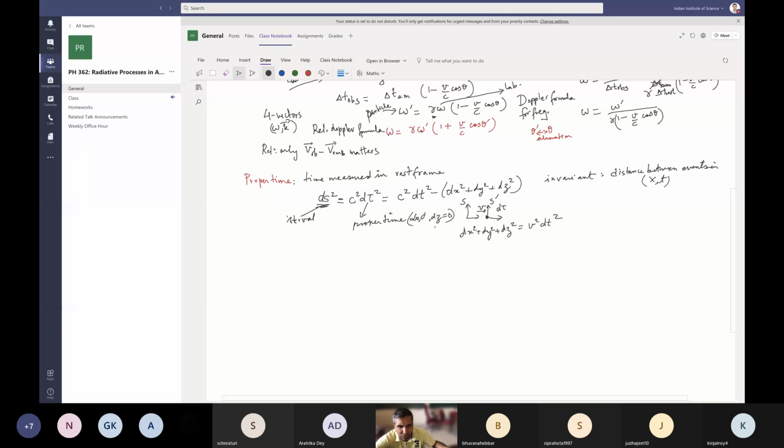So d tau squared is equal to dt squared times (1 minus v squared by c squared). This is nothing but d tau equals dt by gamma. This is nothing but time dilation. The time measured in the particle rest frame, when you are measuring time at the same location in space, is the shortest. Otherwise, time is longer. So this is proper time.